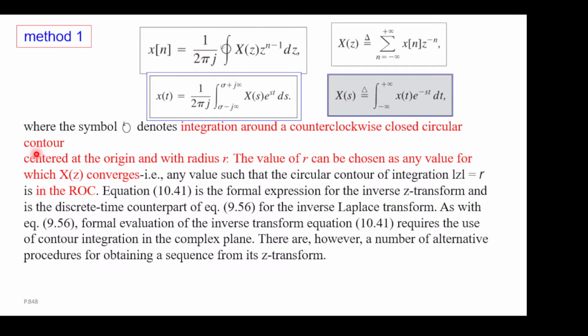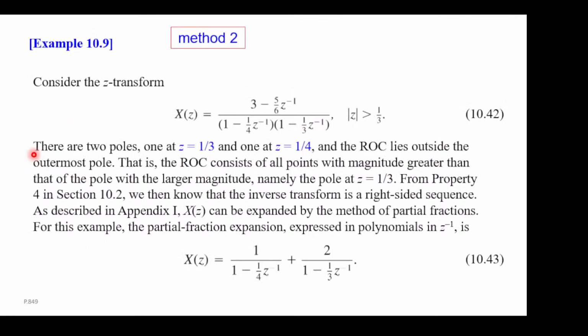And method 2 is also similar to before: you do partial fraction expansion. As we see, we basically want to map back to our exponential decay on either the positive side or the negative side. And those are all from those 1 over 1 minus a times z to the minus 1.